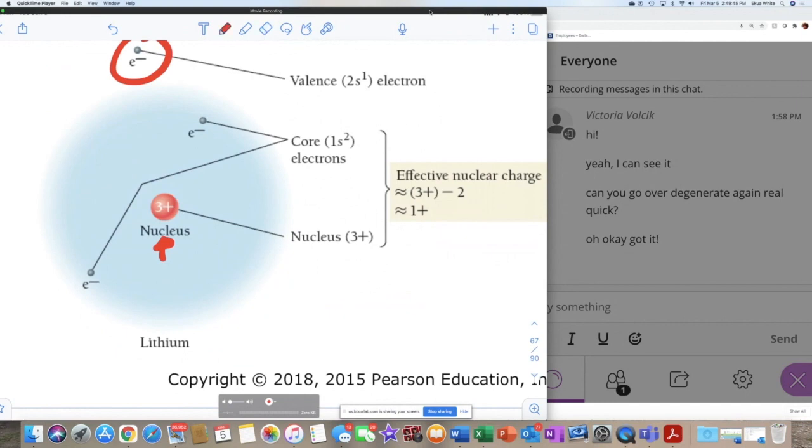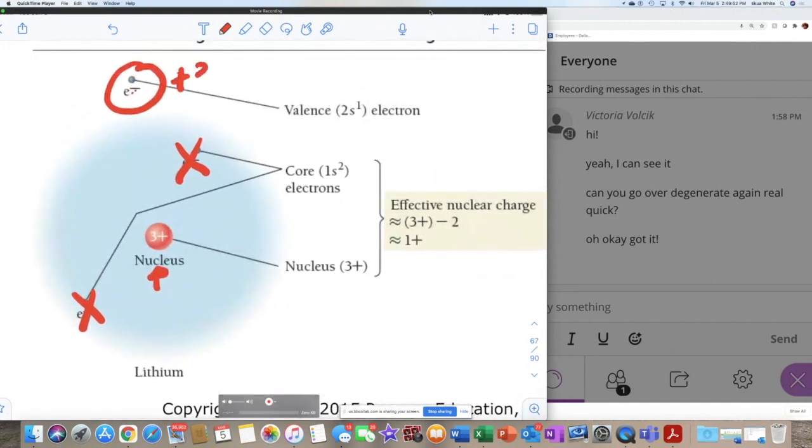So if these electrons here were missing, the outer electron would experience positive 3 nuclear charge from the nucleus, right? But since these electrons are not missing, the outer electron actually experiences only positive 1. Okay? So how does that work out?